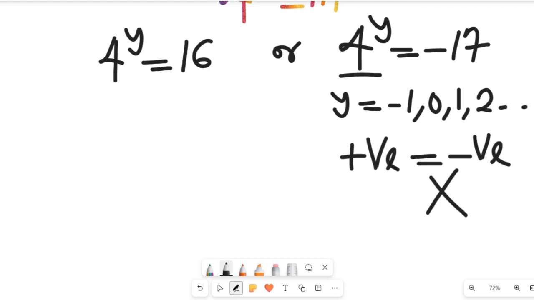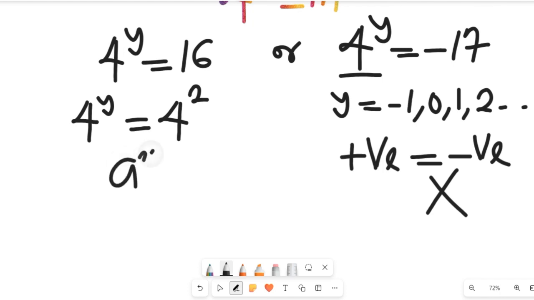Now on this other side, we have 4 to the power of y equal to 16, which can be 4 to the power of 2, because 4 to the power of 2 is equal to 16. Now recall that law of indices: when you have the same base, a to the power of x equal to a to the power of y, then x will be equal to y.